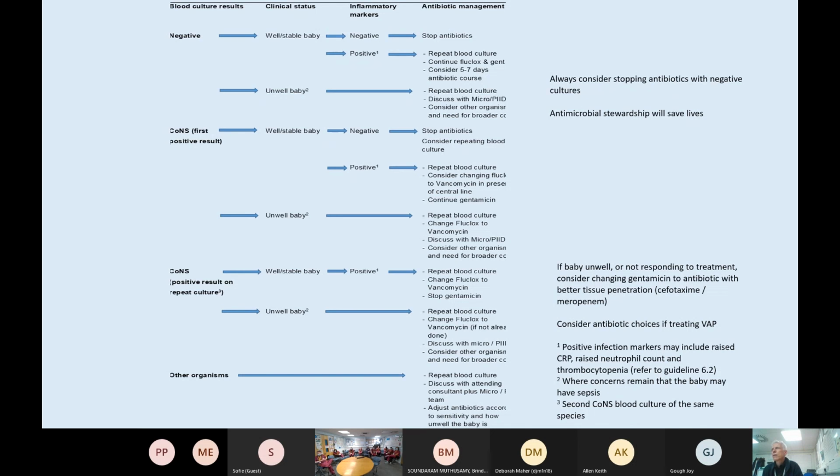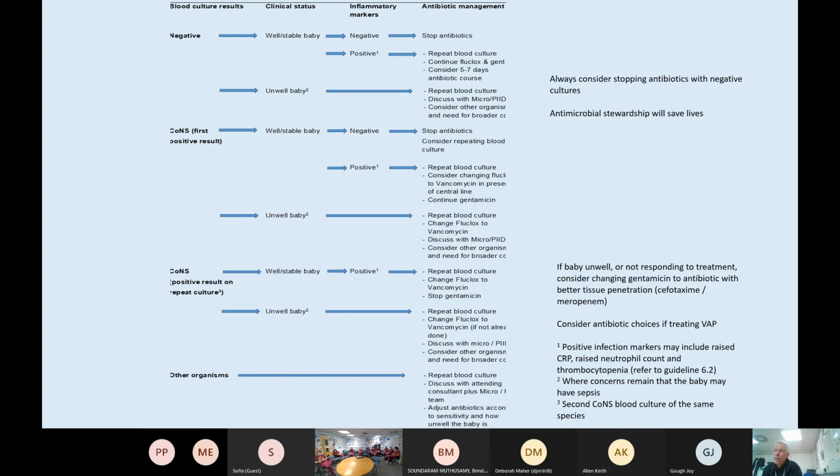If the baby has clearly got a VAP and doesn't seem to be responding, then gentamicin doesn't penetrate well into various tissues, including the lung. So you may want to change the antibiotics to something that is better penetrating to the lung. VAP's very problematic, to be honest. It's really difficult to diagnose.